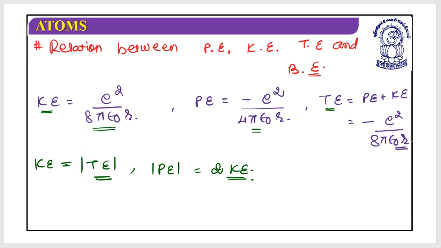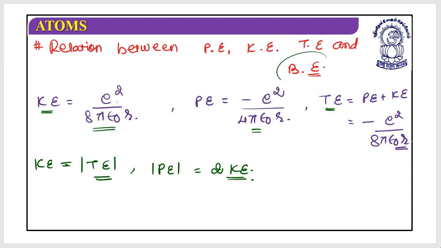Is it clear up till now? Great. So mod of potential energy is equal to twice the kinetic energy, and if you have written this, it's clear.